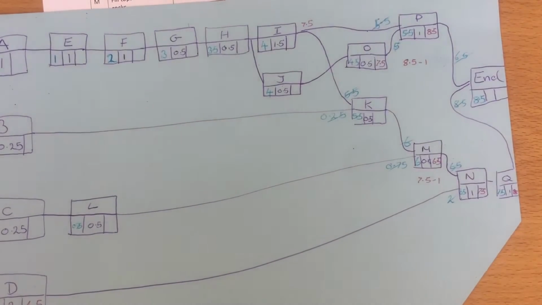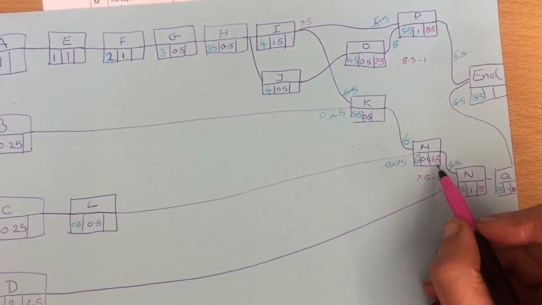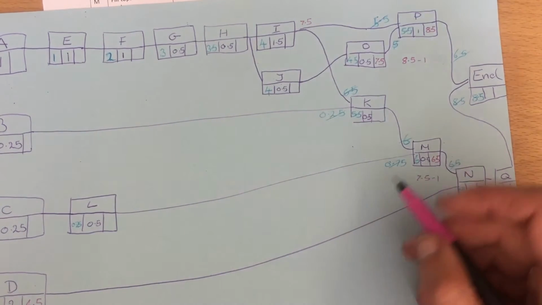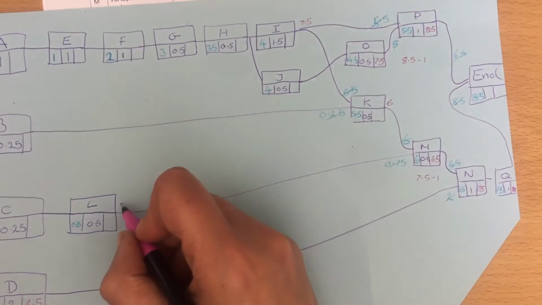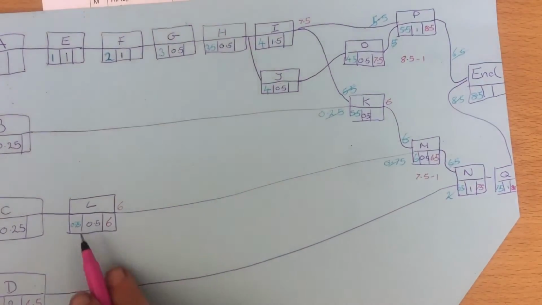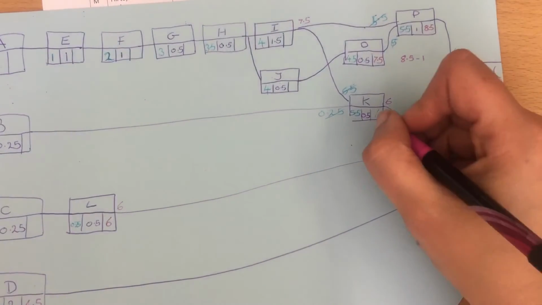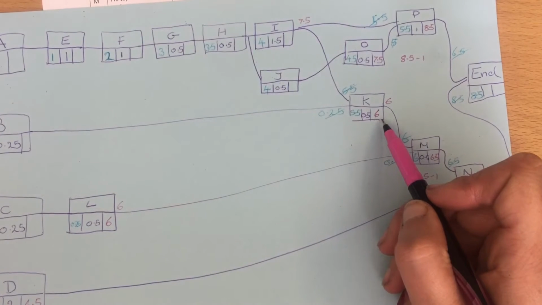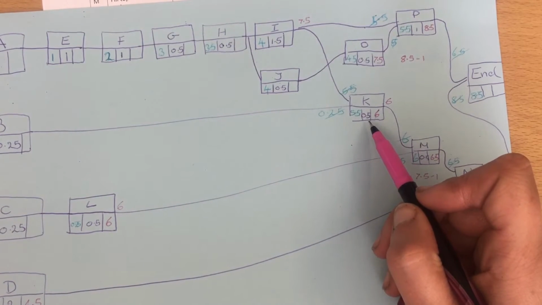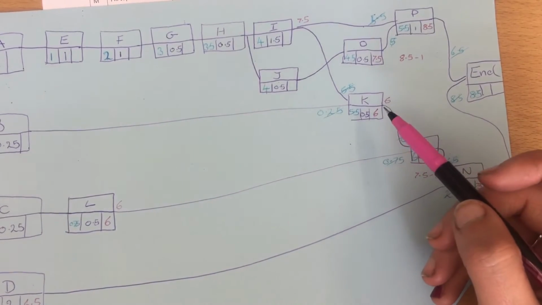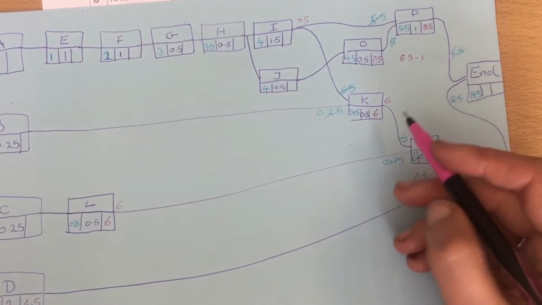So the deadline M hands out, their deadline is 6.5. It's going to take them 0.5. So the deadline that they'll pass on is going to be 6. So L's only got one person feeding in, K's only got one feeding in. So K, deadline of 6, takes 0.5 to do their work, so they need everything finished and to them by 5.5.